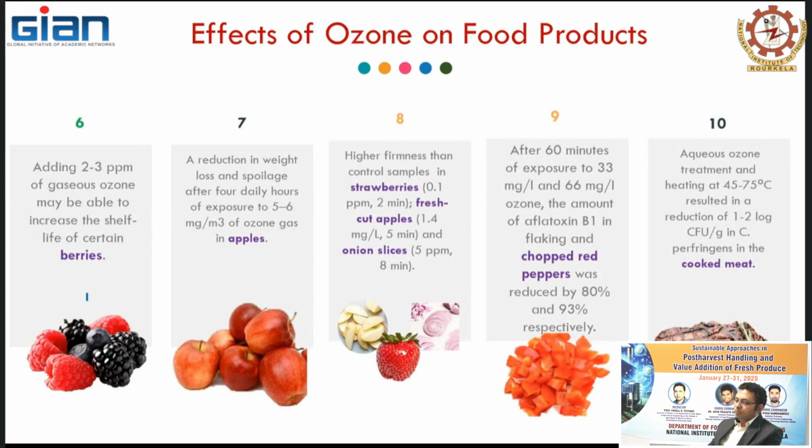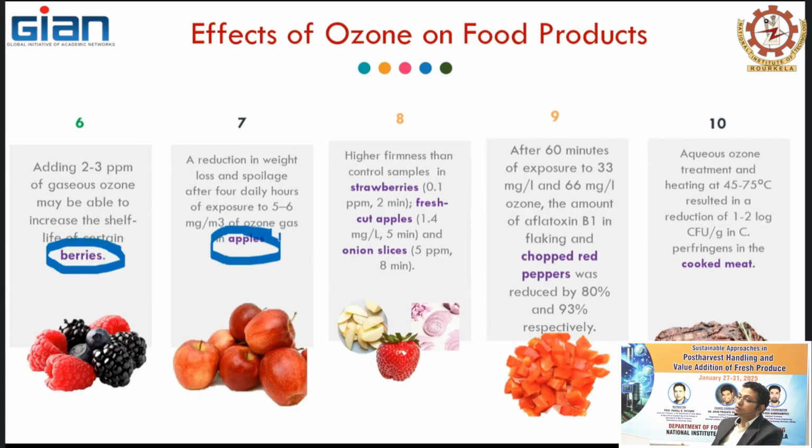So for the berries and even for the apple, as we mentioned once again, the units can be represented as ppm or milligram per liter or per cubic meter. And there are two things, whenever you want to do research in this ozone area, we like to understand the concept: what is the concentration?